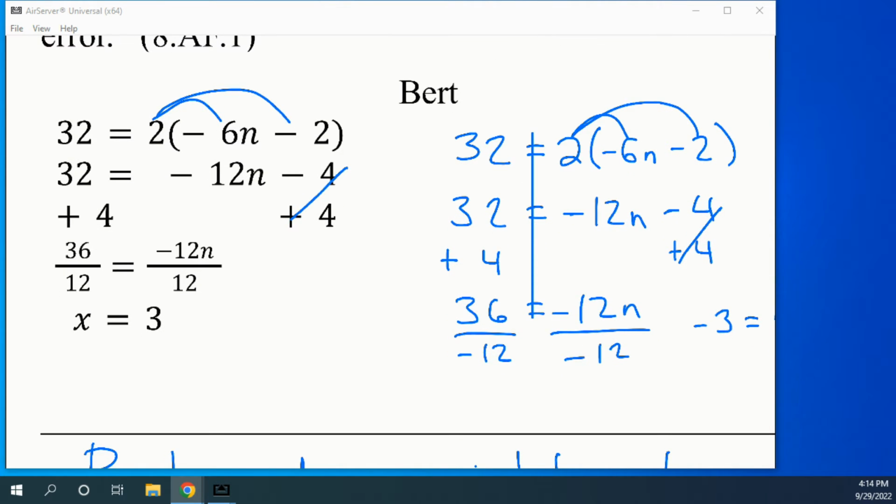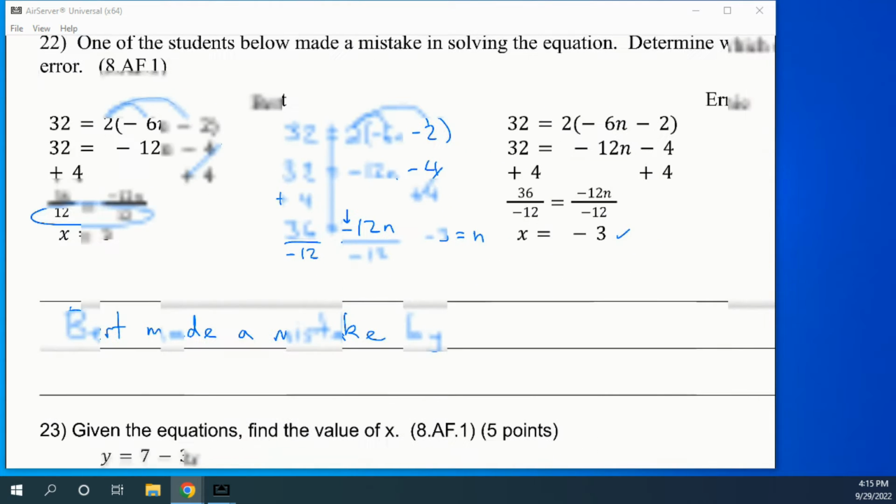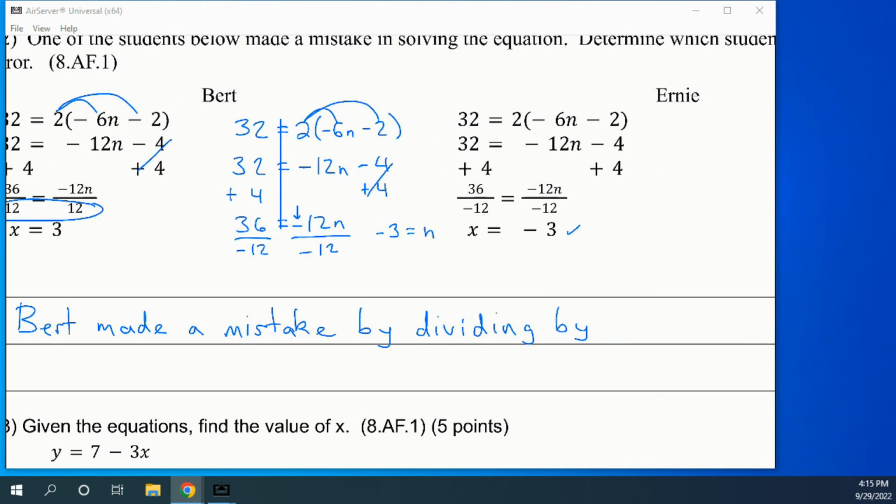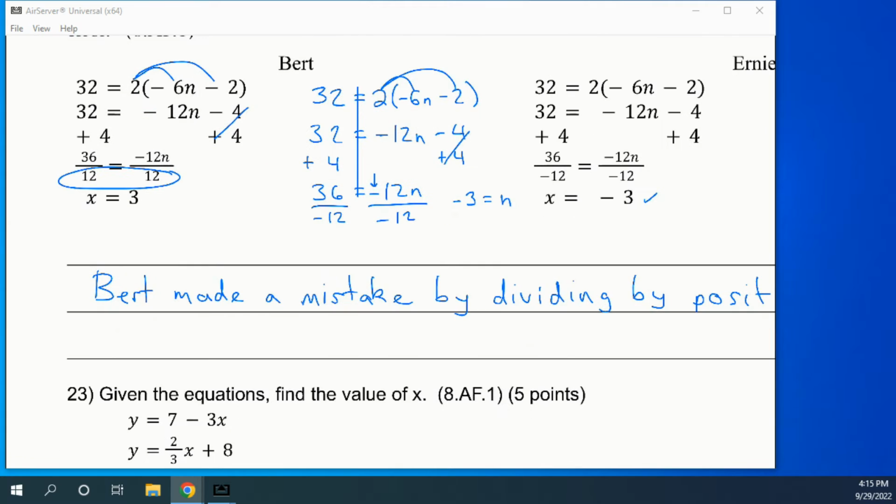Looking at this last step right here, Bert divided by positive 12. This is a negative 12. Do not forget that negative sign. So we can just explain Bert made a mistake by dividing by positive 12 instead of negative 12.